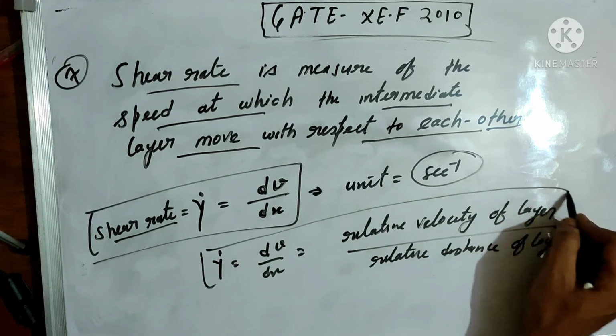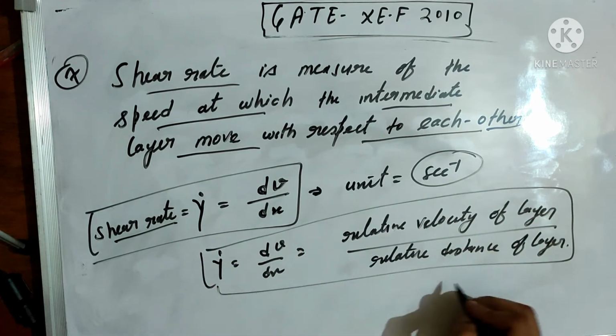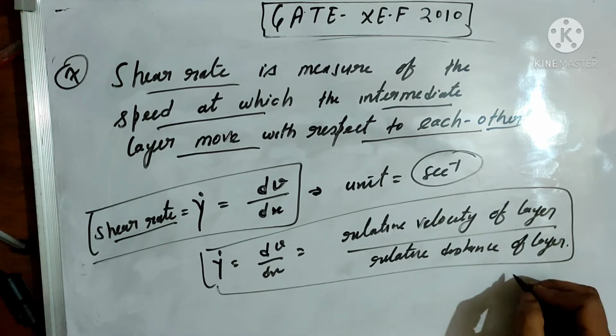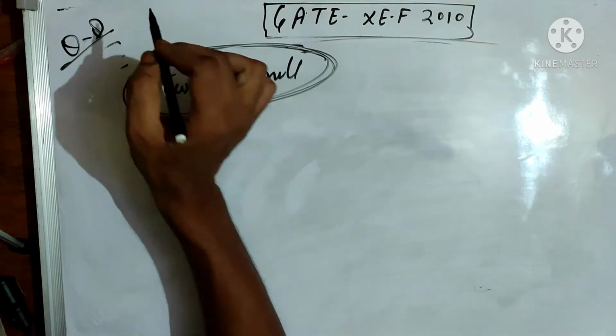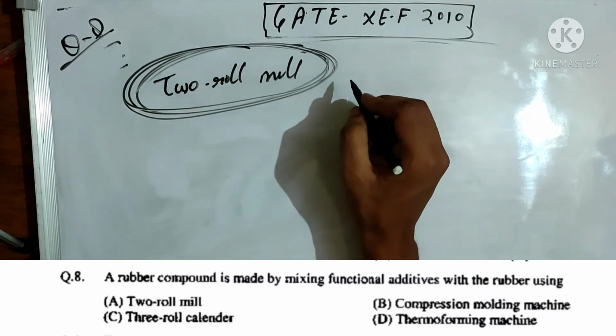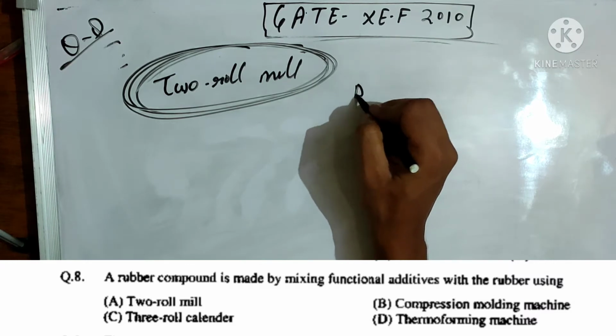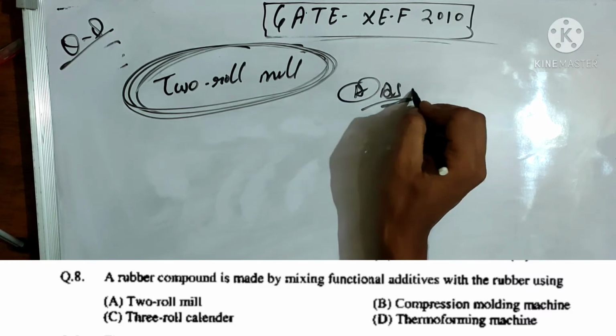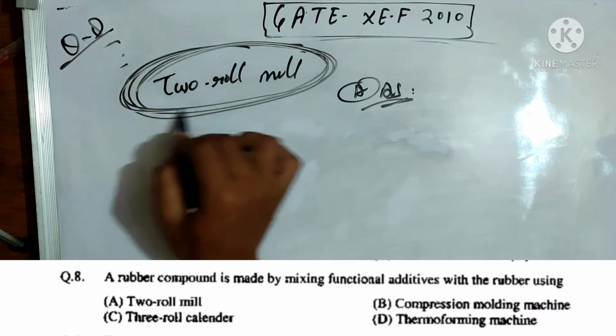Remember this formula for the shear rate. Option D: compounding of rubber is done by the two-roll mill. So the correct option is A. I will discuss it in detail in another video.